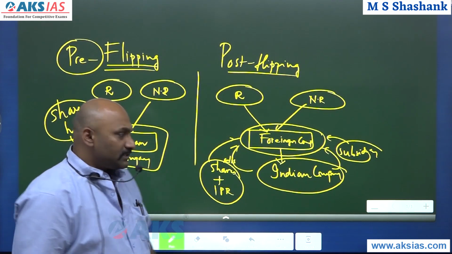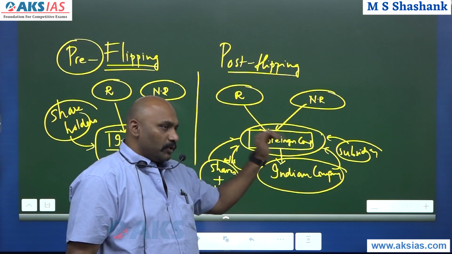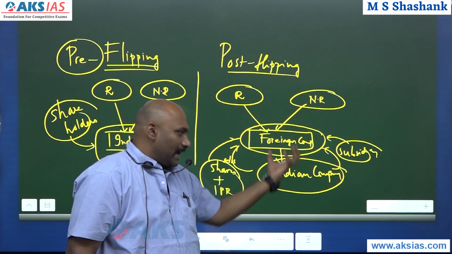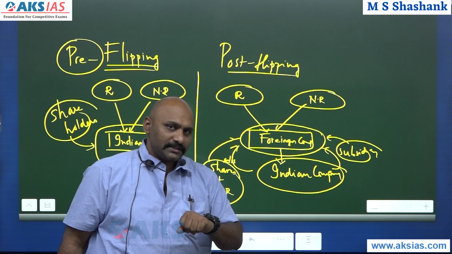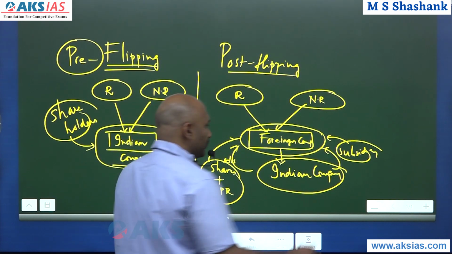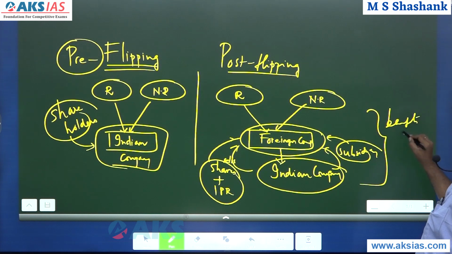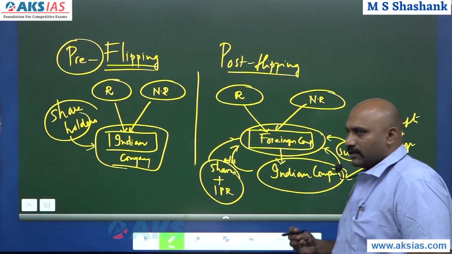So an Indian company originally changed its base location to a foreign company. The foreign company is now owning the Indian company in terms of shares, but all the profits and the benefits are actually with the Indian company. This is acknowledged by the RBI also.